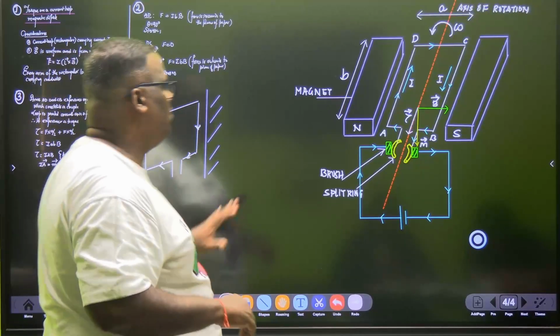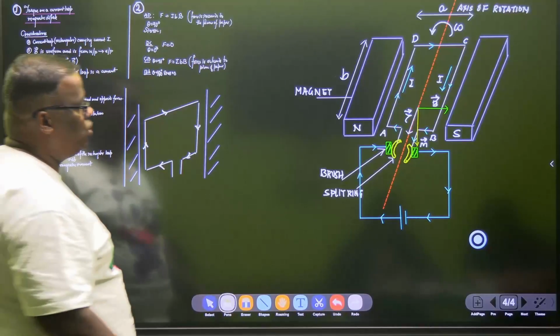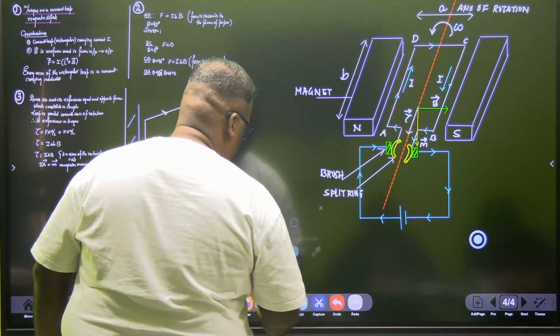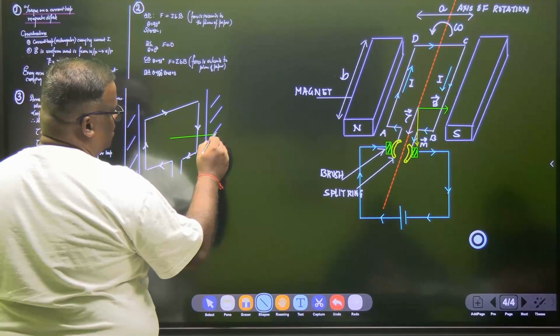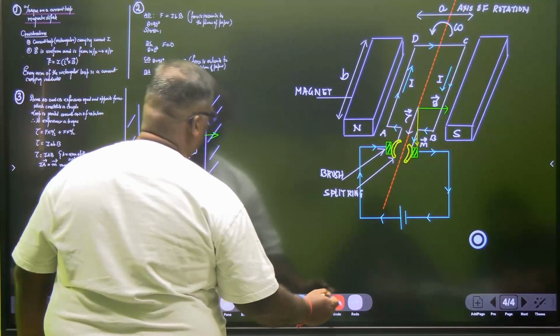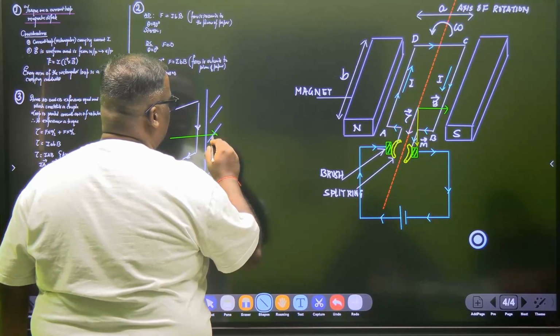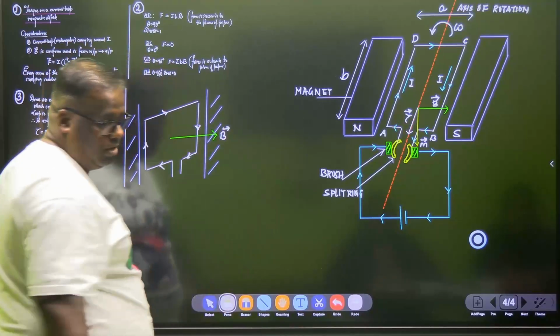Have you understood now? It has just rotated. We will still show our magnetic field along the horizontal. So this is the magnetic field.